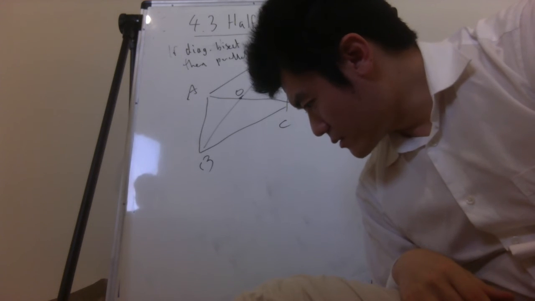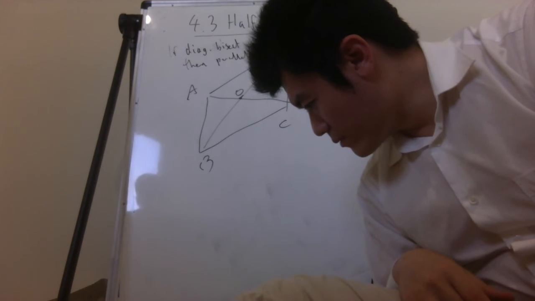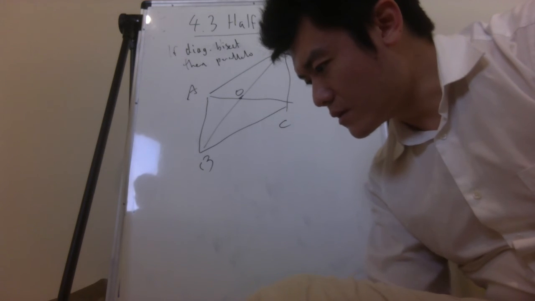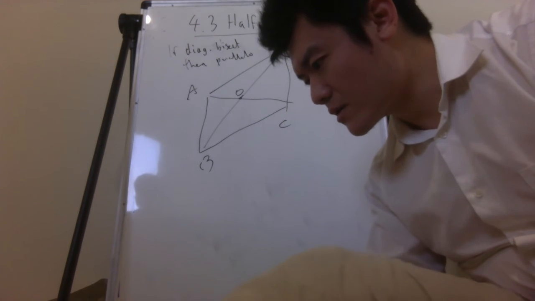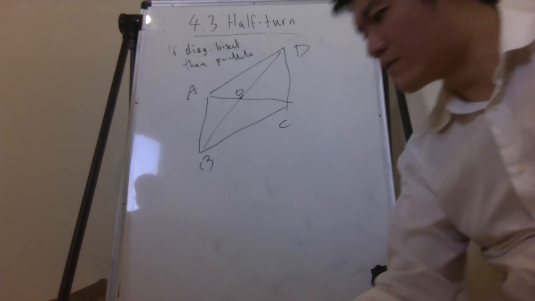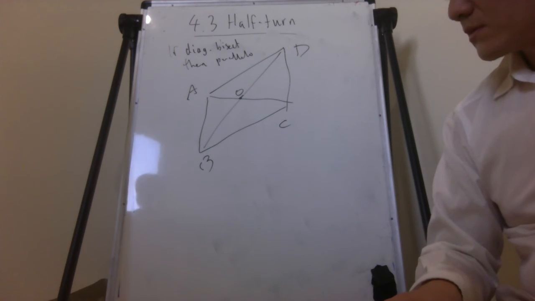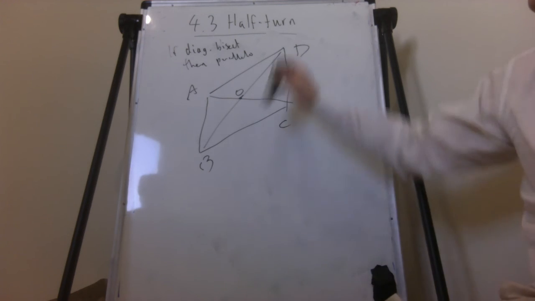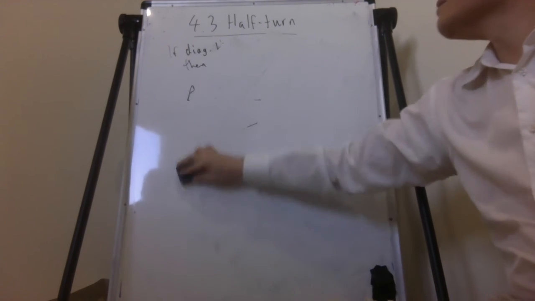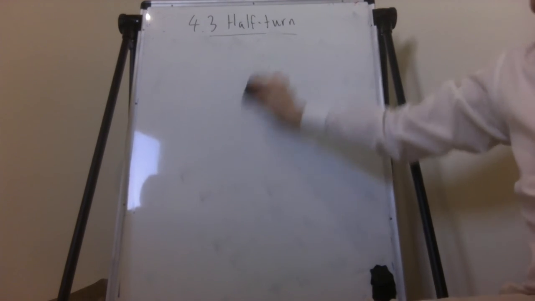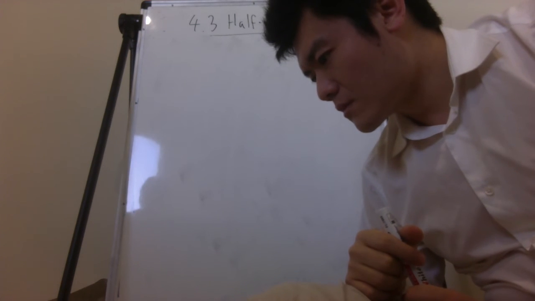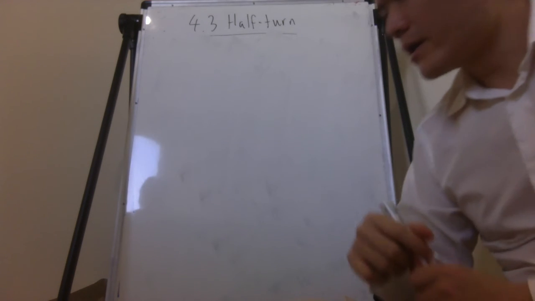The half turn takes showing that it's a parallelogram. Again in 4.3c, M and N are the midpoints. Oh, 4.3c. Let me draw 4.3c for you. If only I could make use of the diagram I've already drawn. AB.